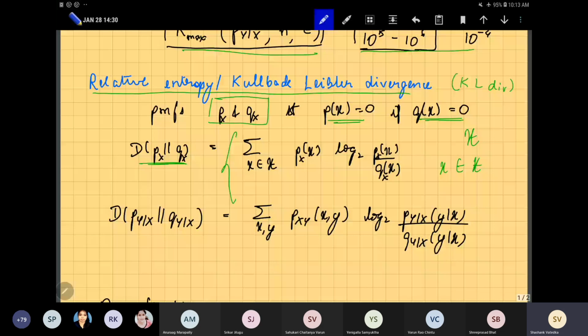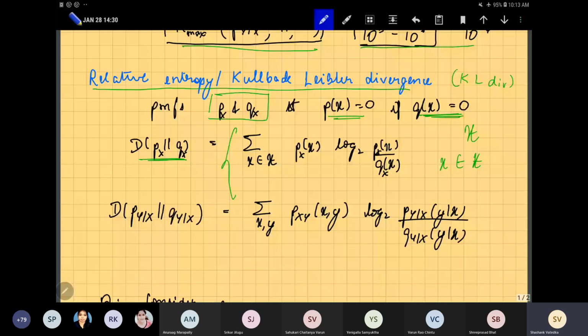If there is an x such that Q of x equals 0 and P of x is not equal to 0, then we define the KL divergence to be infinite.